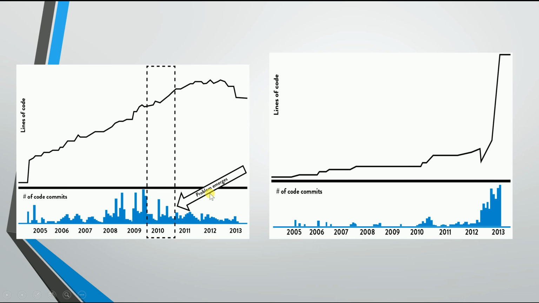But the problem here is that commits drastically dropped from around 2009, 2010, yet the lines of code kept going higher and higher. On this side here, there's a lower amount of code commits, but that translates to fewer lines of code. And when there's actually more work being done, the lines of code is greater. So basically this graph here doesn't correlate to the top as well as this graph here correlates.